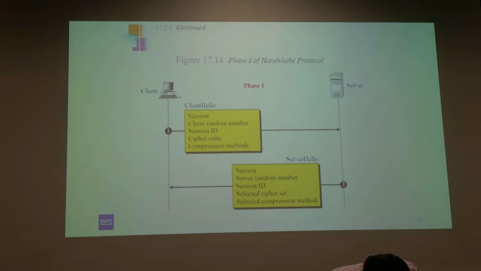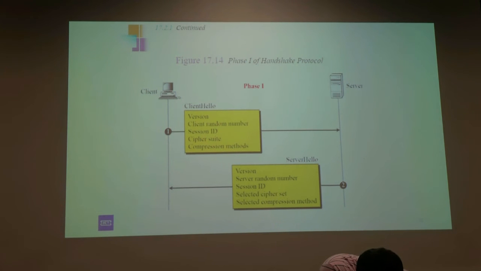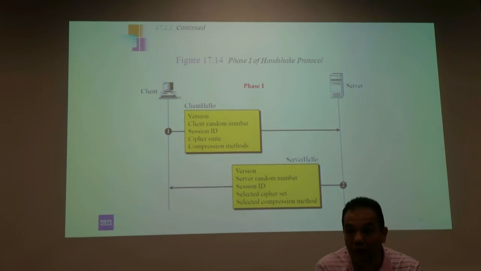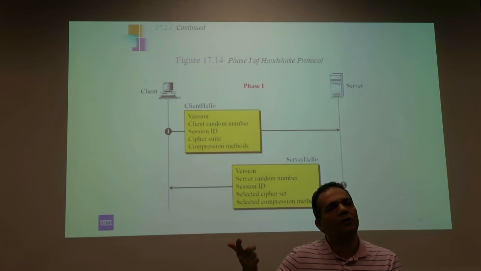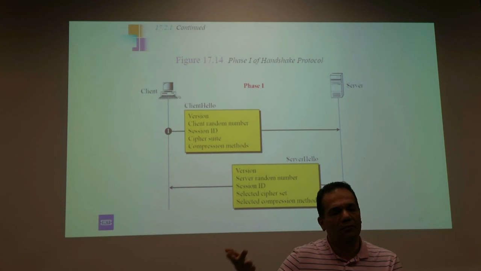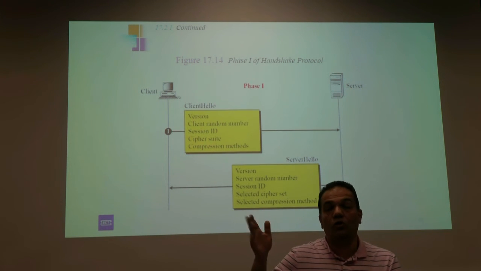What we do in phase 1 is establish the security capabilities. The client and the server announce their security capabilities and choose those that are convenient for them. For example, the client says, I could do this, I could do another encryption, only 2 or 3.